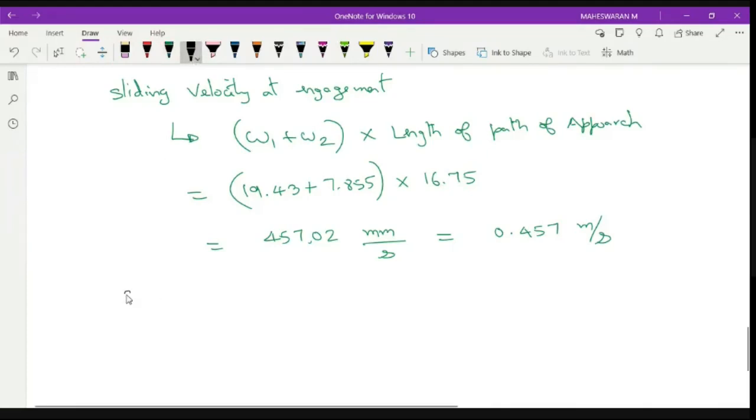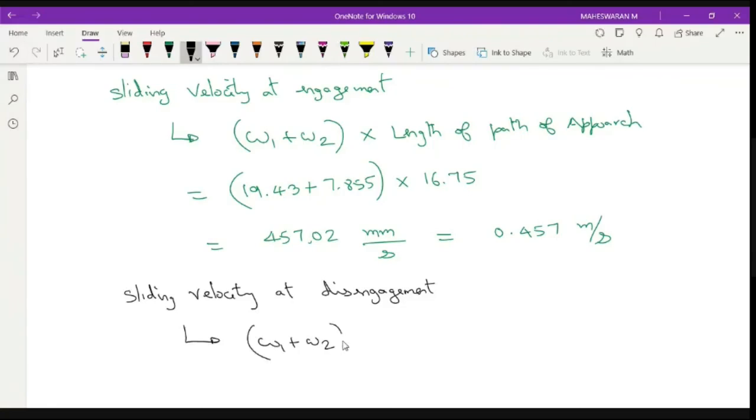Next, sliding velocity at disengagement. At the time of disengagement the formula is the same, omega 1 plus omega 2, into, instead of the length of path of approach, the length of path of recess.